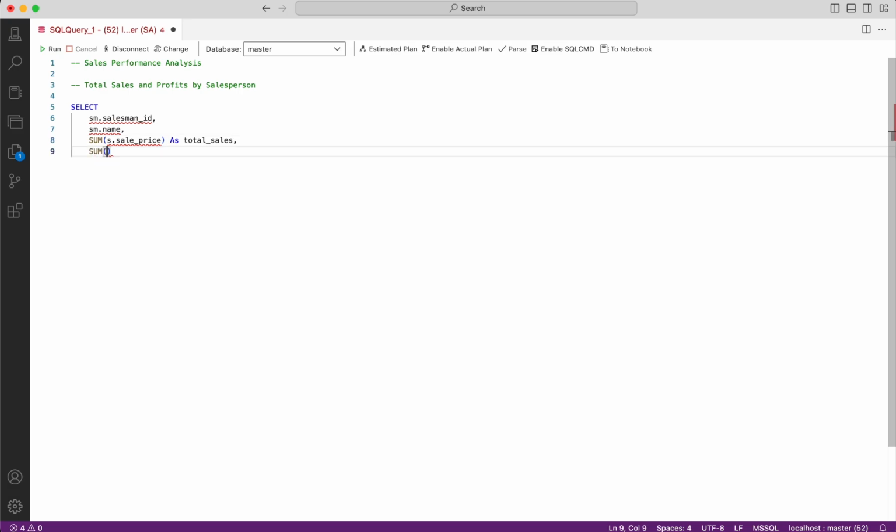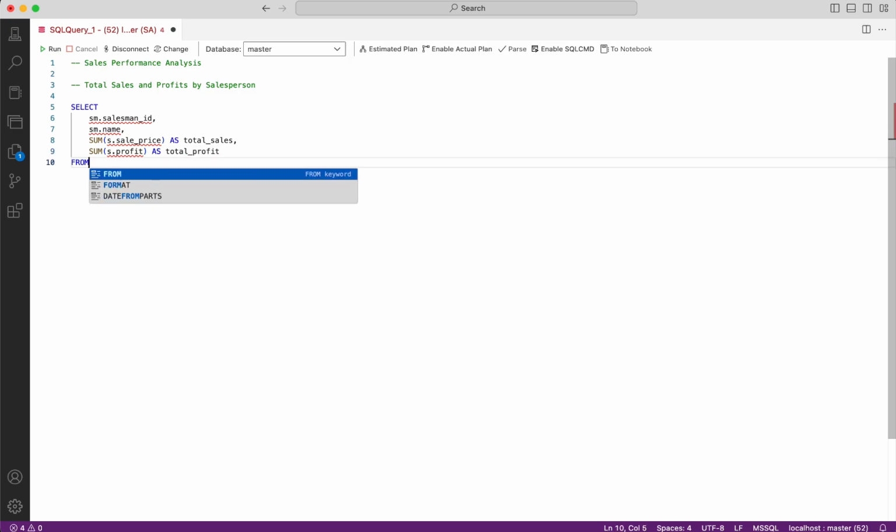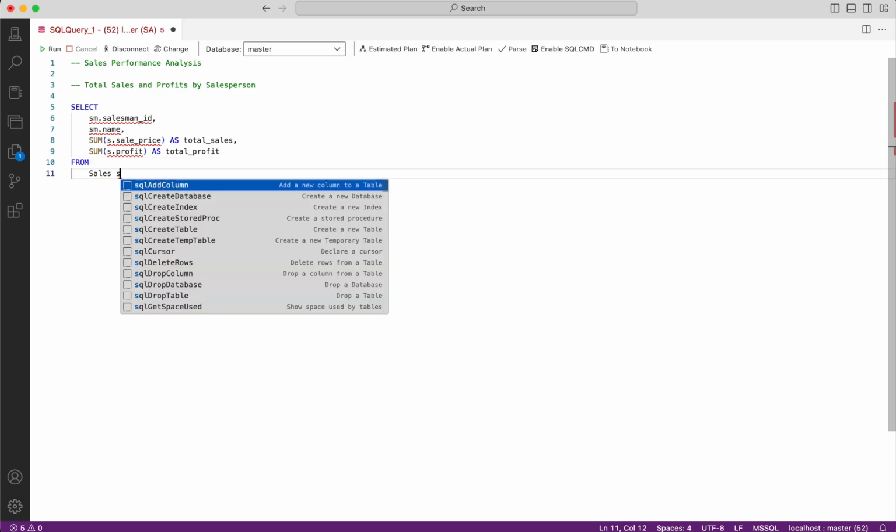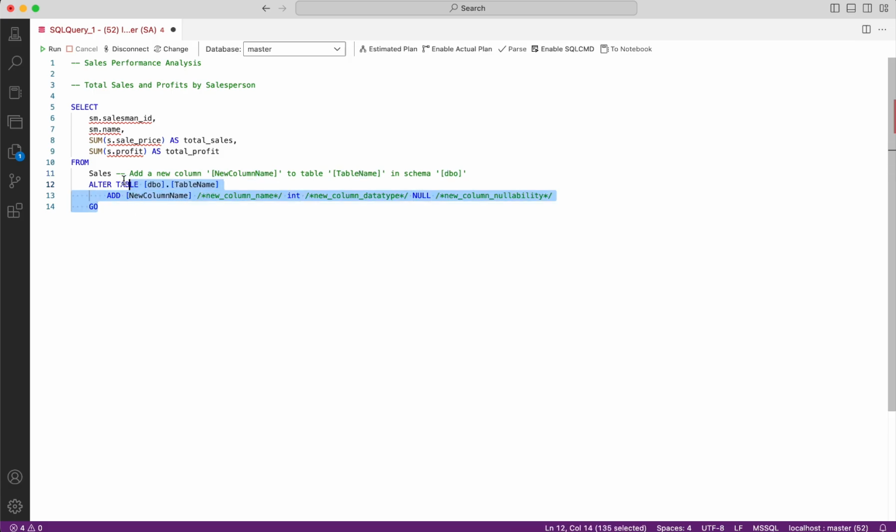We're also going to get a sum of profit from the sales table and give it an alias of total profit. This is going to be coming from our sales table.